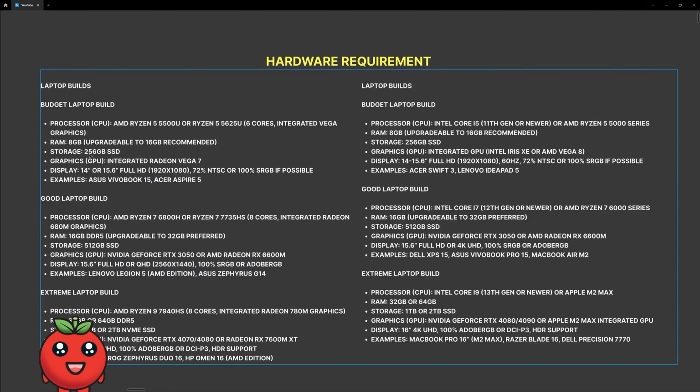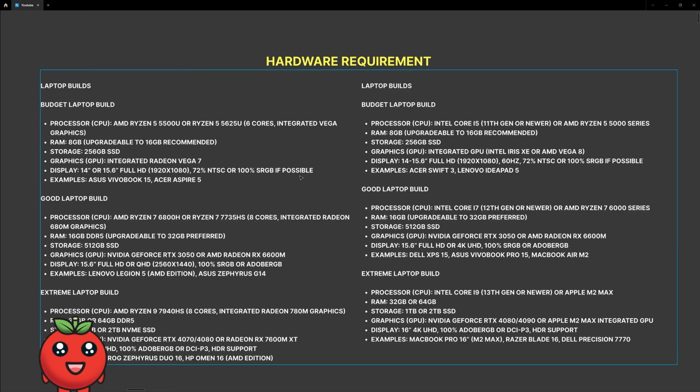For budget builds it's too little, but you will find these laptops listed on Amazon around 40,000 Indian rupees, and the Intel ones would be around 50,000, because Intel just sells their processors at a higher rate. I don't know why, although they are less on performance, they just charge more money, maybe for looks.